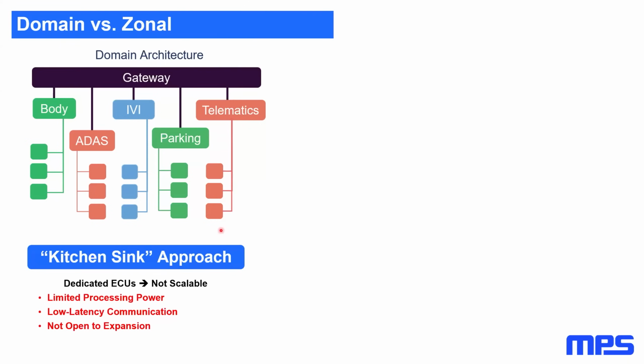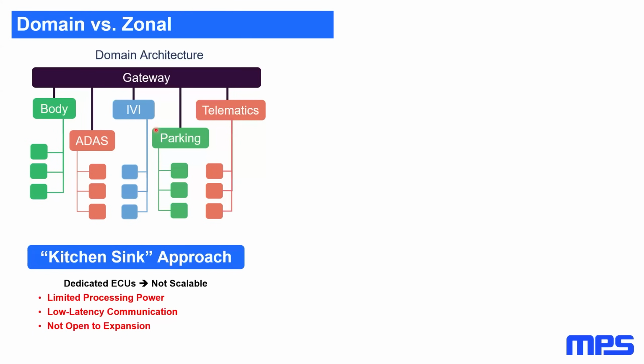Moreover, the limited processing power of individual domains can make it very challenging to scale the system to meet increasing processing demands or handle complex tasks. And since the domain architecture requires communication between the different domains, this also introduces additional latency, which is not in concordance with the high performance requirements or the strict real-time constraints.